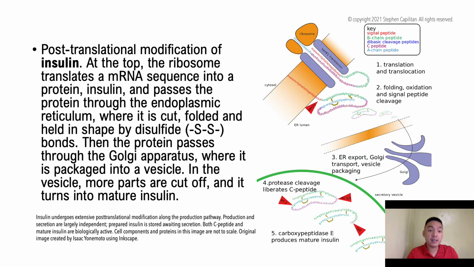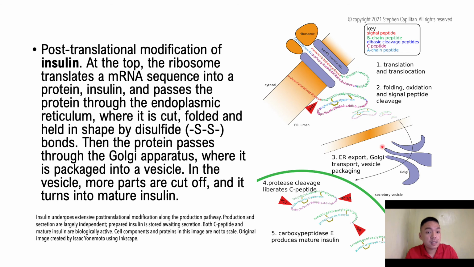groups. And for instance, this modification of your insulin: at the top you'll see here, the ribosome is translating an mRNA sequence into a protein. Insulin passes through the endoplasmic reticulum, where it folds, oxidizes, and the signal peptide is cleaved, and this is where it is being cut.